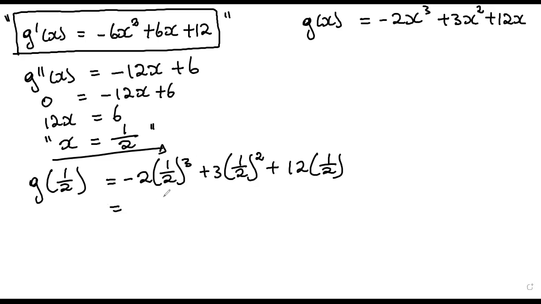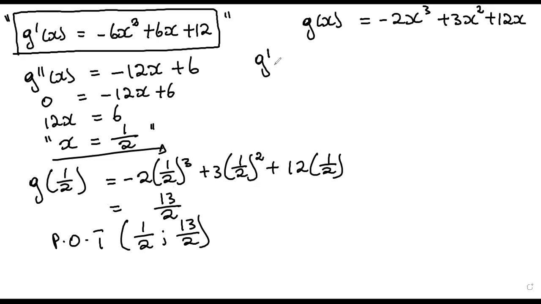So we are just going to get 13 over 2. So this means the point of tangency is going to be where x is half, y is going to be 13 over 2. But now we need to find the exact value of the derivative. So we say, what is g prime of half? We need to know the gradient of the function at the end of the day.